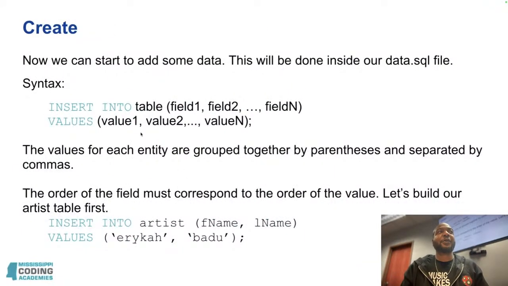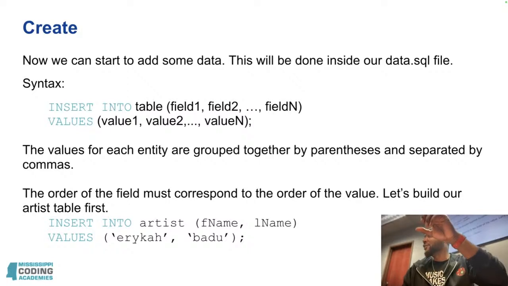But again, make sure that it is formatted the way we have right here. Insert into whatever table we have, and then whatever fields we want to include for this insertion, and then whatever values. And again, the fields must match with the values. They've got to correspond.